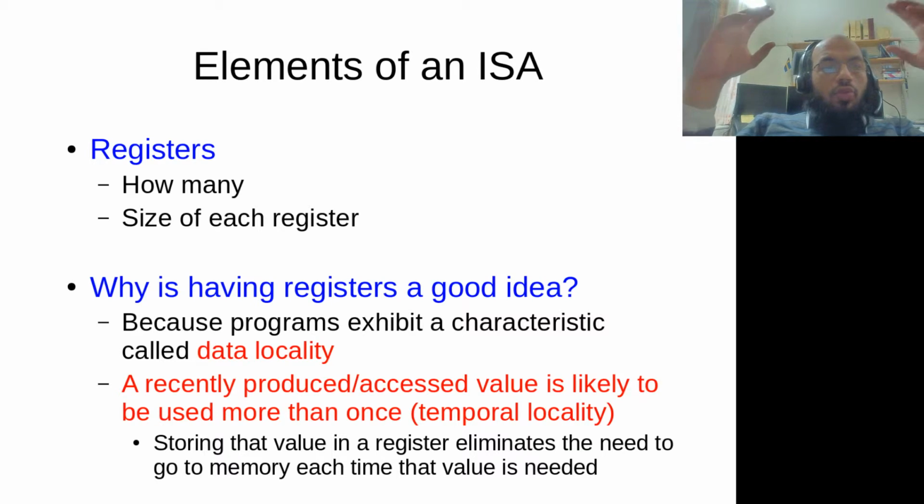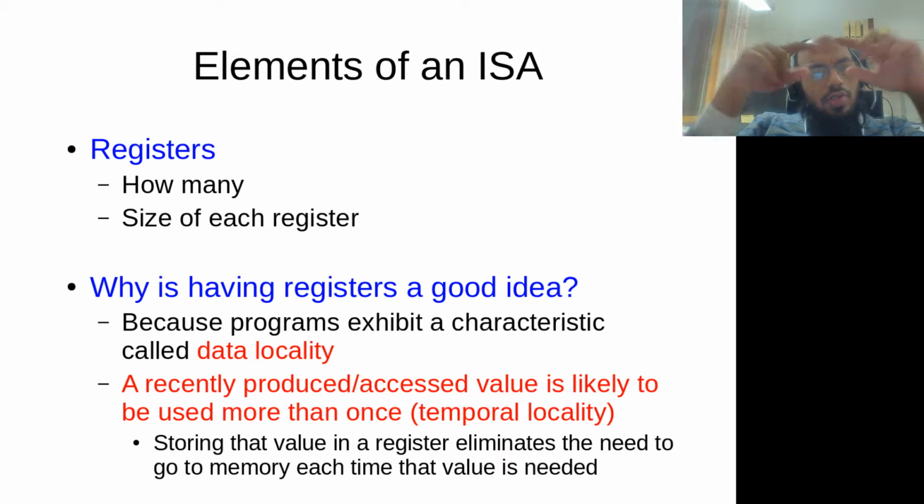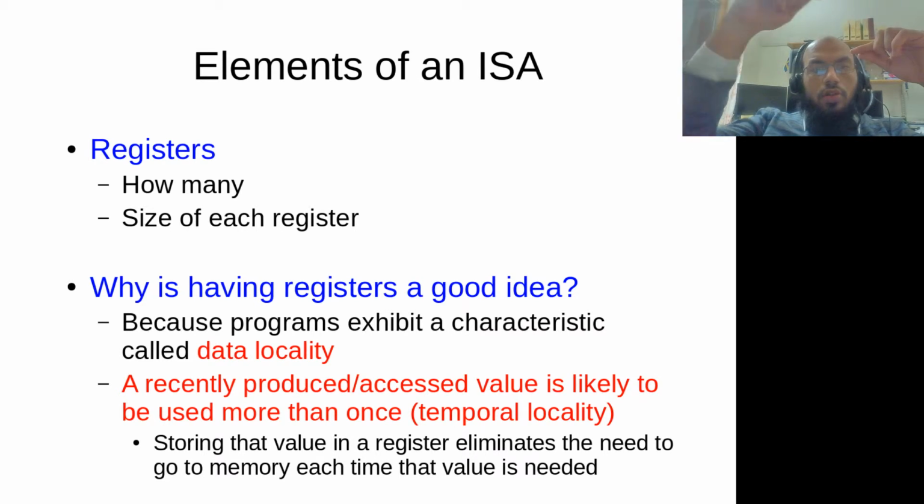But you can also have very specialized registers, such as the program counter that I keep talking about. It's a special purpose register, a 32-bit or 64-bit register in your architecture that defines how you call instructions in your memory.